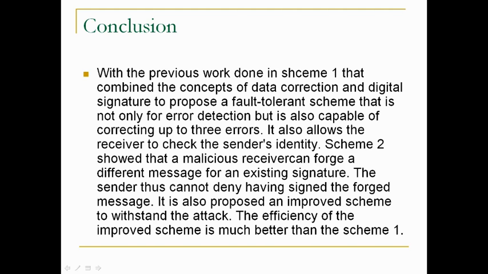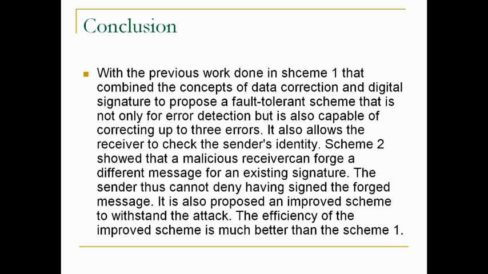So with the previous work done in scheme 1 that combined the concepts of data correction and digital signature to propose a fault tolerance scheme that is not only for error detection but is also capable of correcting up to 3 errors. It also allows the receiver to check the sender's identity.